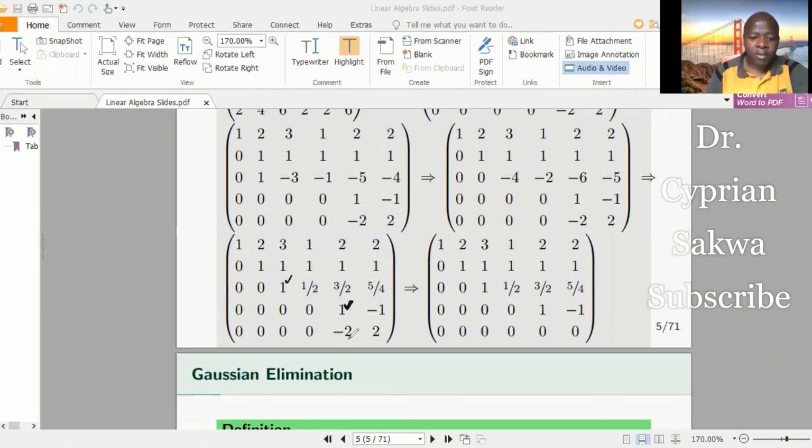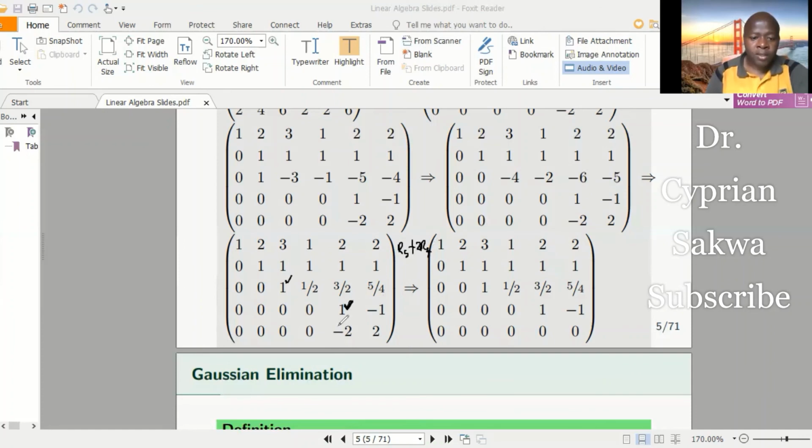And below it you have elements which are not 0. So we use this one to create a 0 in this position. So for me to do that, I need to take row 5 plus 2 row 4. Now this is row 5, 1, 2, 3, 4. Yeah, row 5 plus 2 row 4.